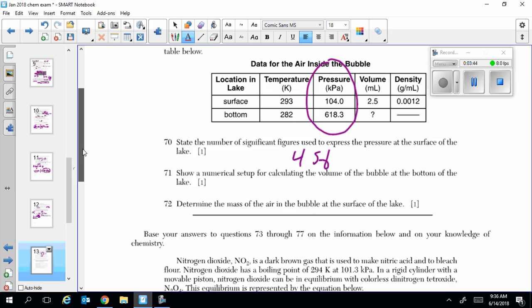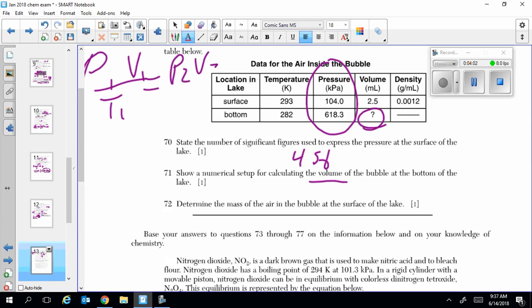All right, show a numerical setup for calculating the volume of the bubble at the bottom of the lake. So here's the volume of the bubble at the bottom of the lake. I want to do P1 V1 over T1 is equal to P2 V2 over T2.